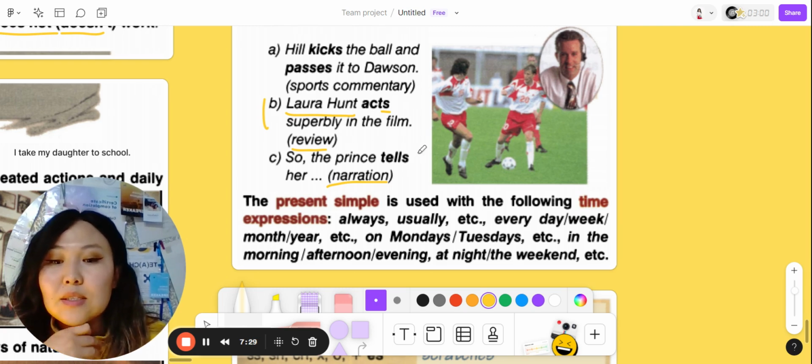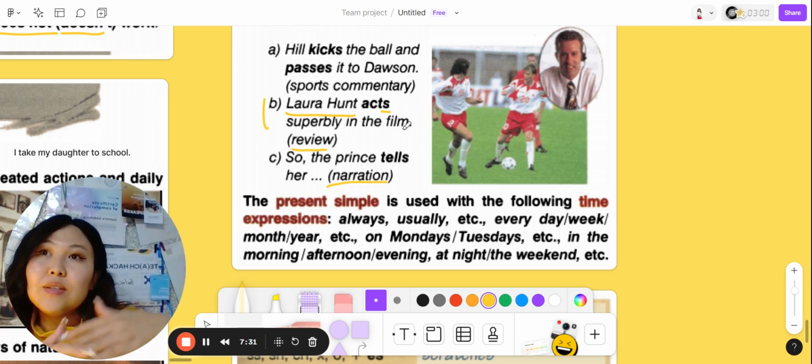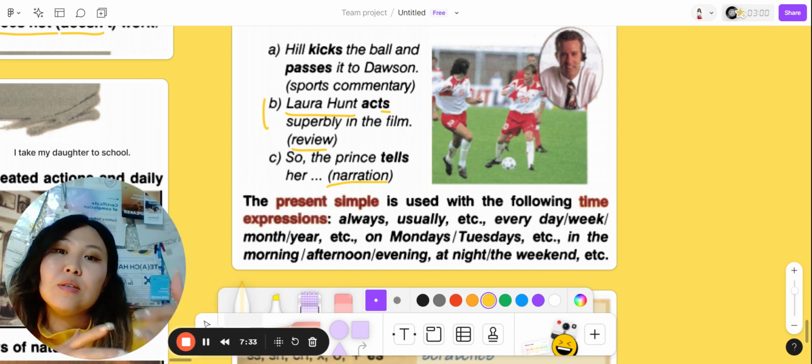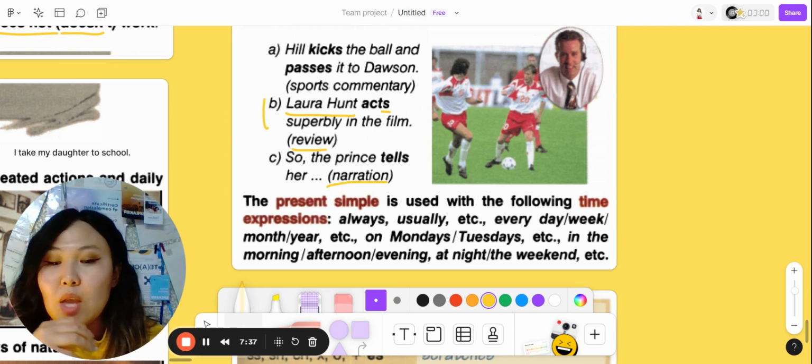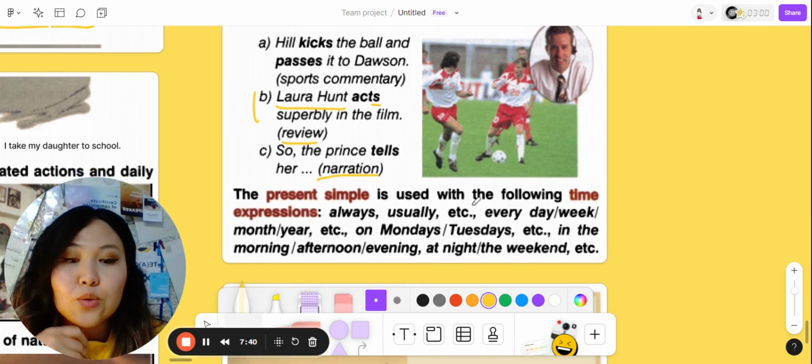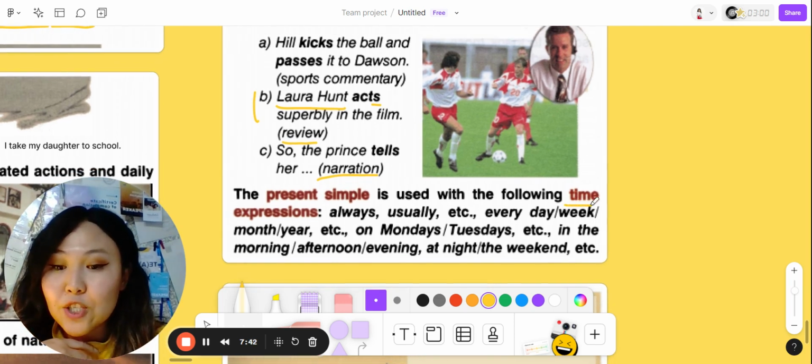We see that it's kind of a description of what is happening at that specific time in the book. Also, we need to remember about time expressions used with present simple tense.